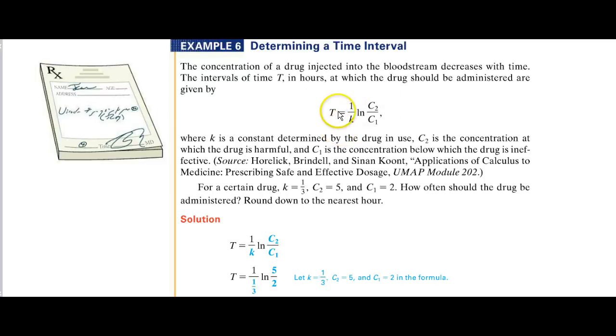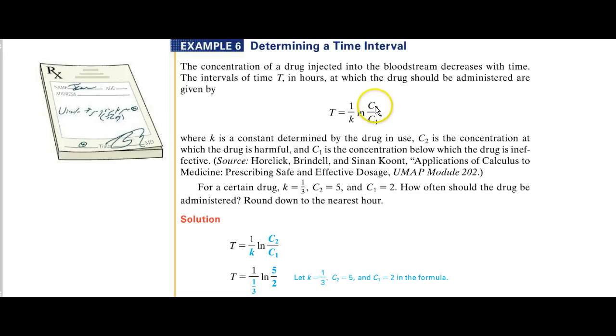Here, this is a recipe of determining time intervals. The concentration of a drug injected into the bloodstream decreases with time. So that's capital T in hours, at which the drug should be administered are given by this formula, and it's the natural log of this.